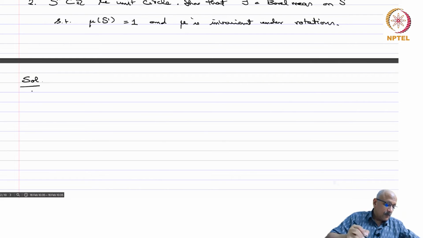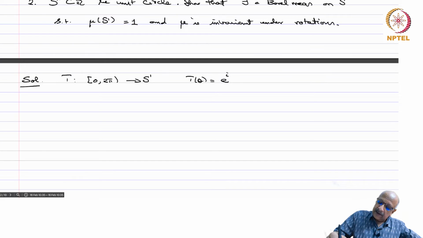Solution. So you take T from [0, 2pi) to S1. T of theta equals e to the power i theta, and that gives you a point, or (cos theta, sin theta) if you prefer the real coordinates, and therefore you will get a mapping here. Okay, and this is a bijection.